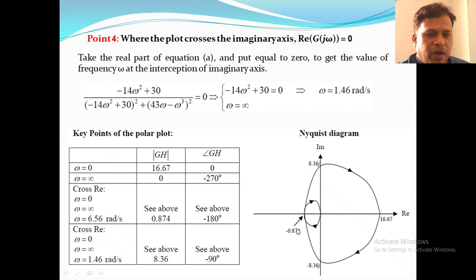So it is completing the minus 180 degrees here. If you look at this Nyquist diagram, it clearly indicates where omega starts from 0 and ends at omega equal to infinity, the initial and final values. And in between, the values of 0.874 and 8.36 are plotted on the Nyquist diagram.